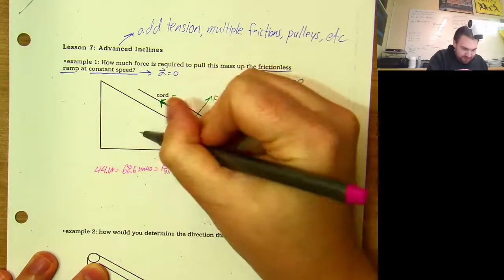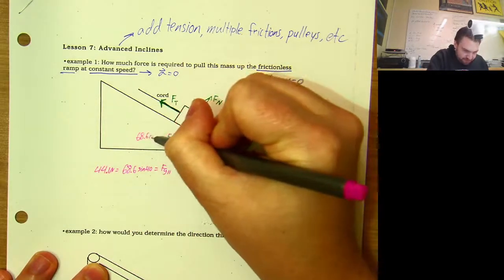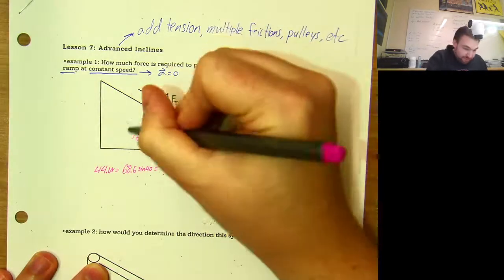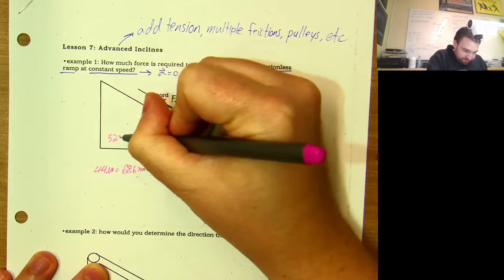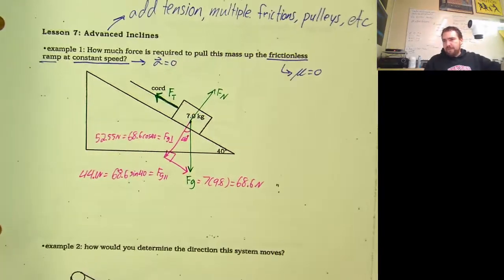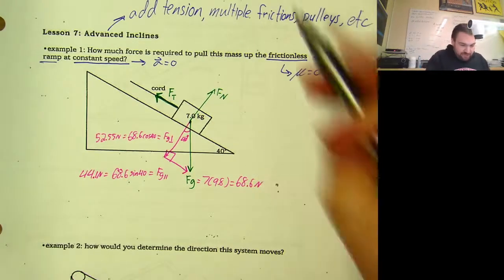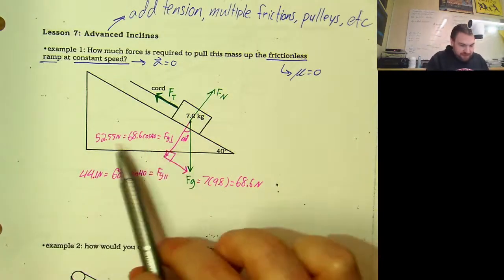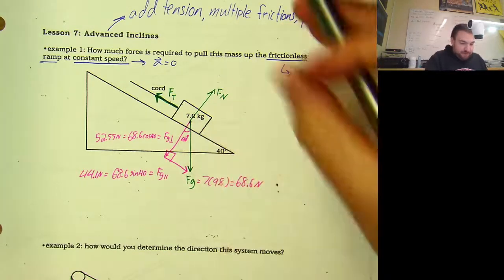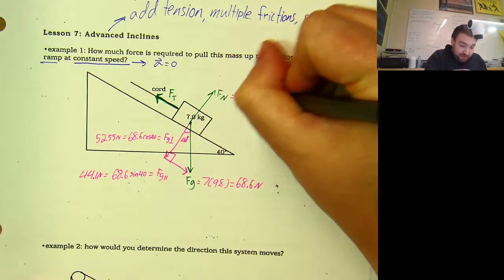This guy is going to equal 68.6 cos 40, so that's going to equal 52.55 newtons. So if the perpendicular component of gravity is 52.55, that means our Fn is 52.55.